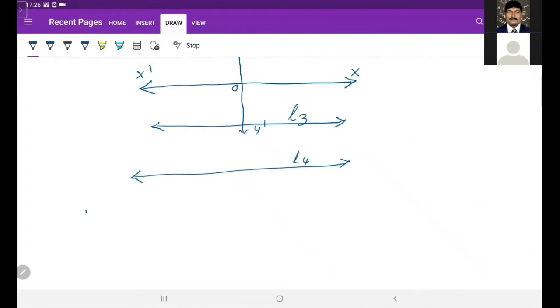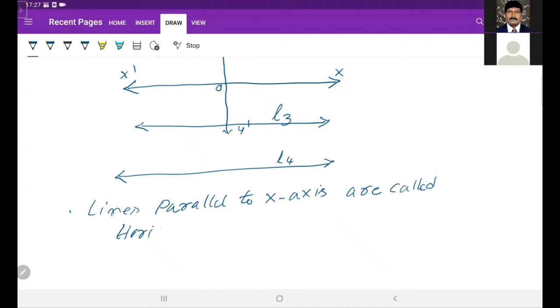How to write down? What are the horizontal lines? Lines parallel to x-axis are called horizontal lines.